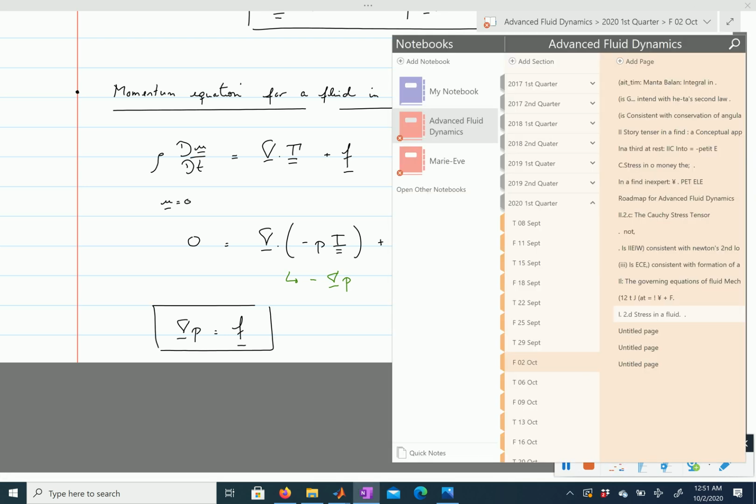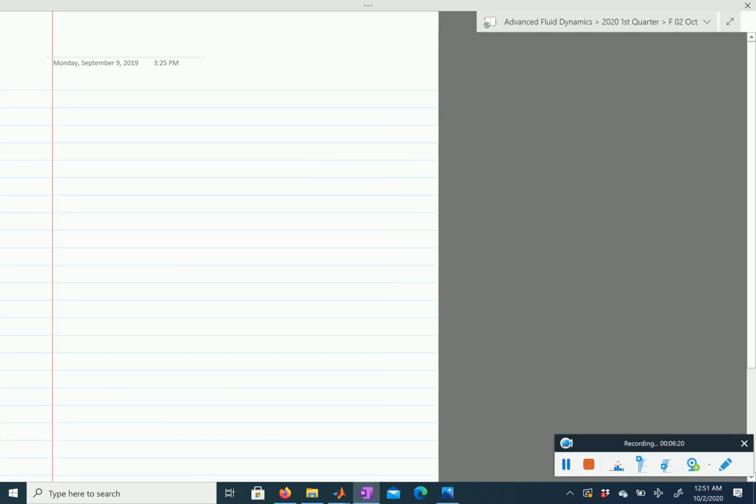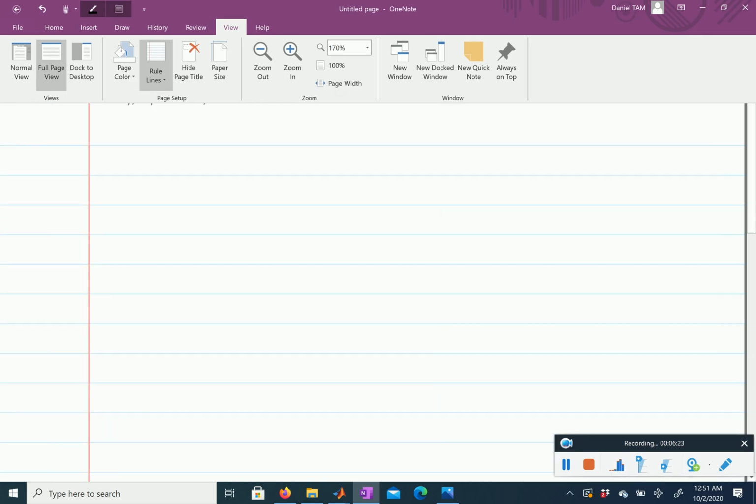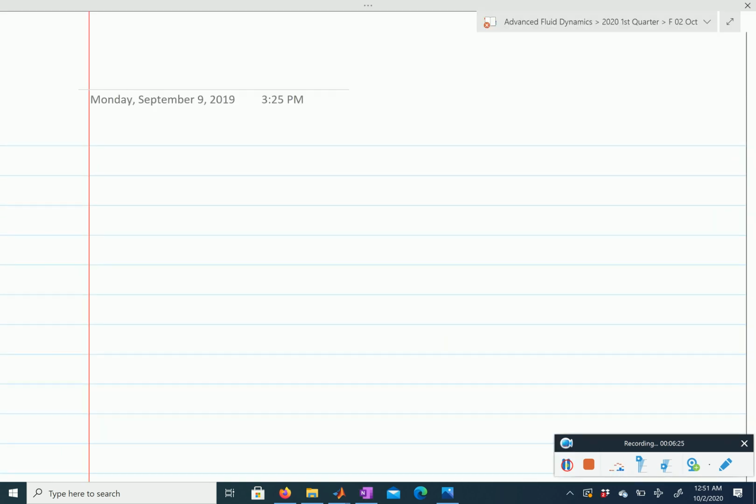And now assuming the only body forces that apply are gravity forces, we can reduce our momentum equation to: the gradient of the pressure field is equal to rho times the acceleration of gravity. If you write this in Cartesian coordinates, you essentially have that partial p partial x is equal to 0, partial p partial y is equal to 0, and partial p partial z is equal to minus rho g.